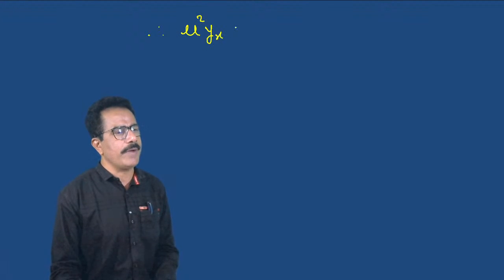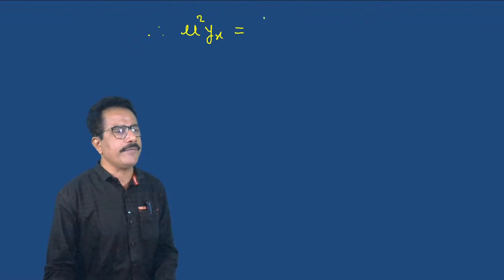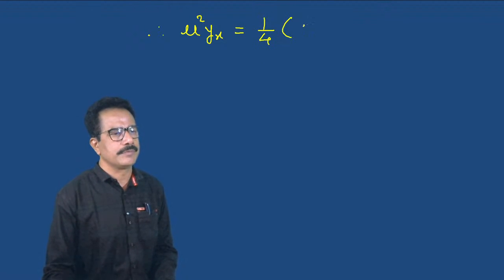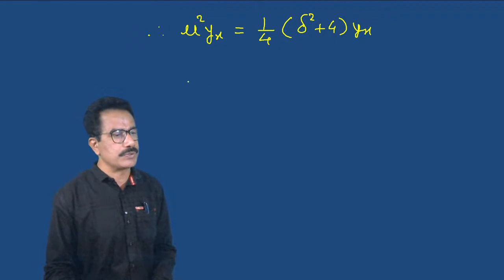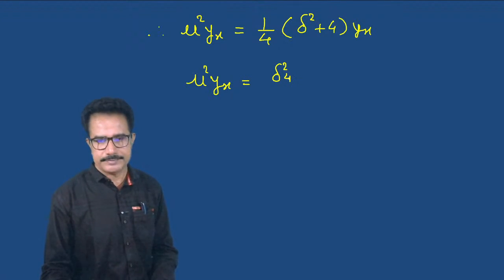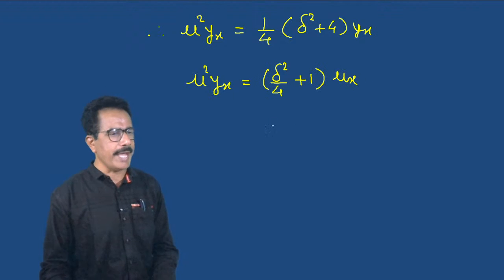So replace this value. So we will get, therefore, mu square yx, which is equals to 1 by 4 into delta square 4 of yx. Now multiply by delta. So multiply by 1 by 4. So mu square yx, which is equals to delta square by 4 plus 1 into mu x.